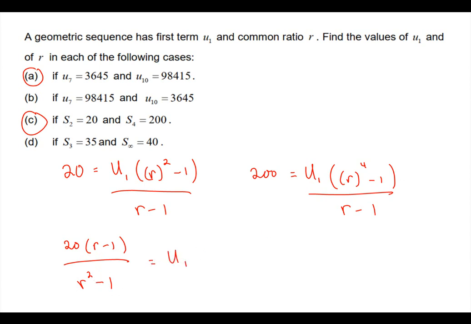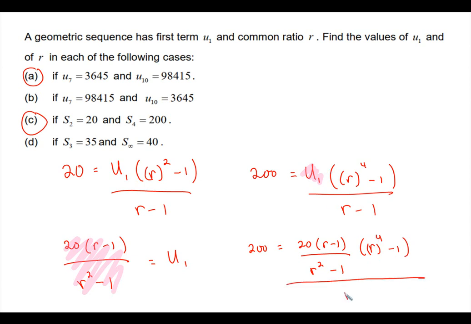And then we're going to take this right here and substitute it for u sub 1 in this equation so that we get everything in terms of r. Once you do that, you could just use the calculator to find out what r would be. So right here we have 200 would equal 20 times r minus 1 over r squared minus 1, times r to the 4th minus 1, all over r minus 1.